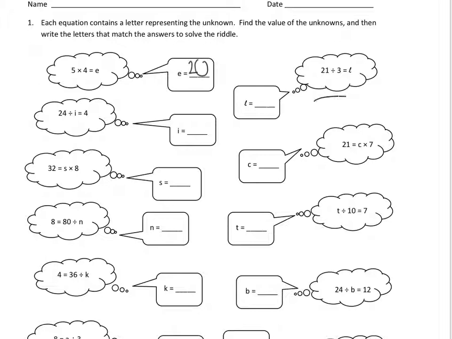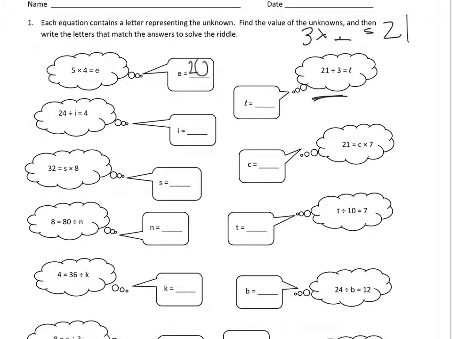Let's go ahead and go over to this one. 21 divided by 3. So if you know your fact families, you know that 3 times something equals 21. Let's count by 3s till we get to 21. And use your fingers. So you have 3, 6, 9, 12, 15, 18, 21. I count 7 on my fingers.